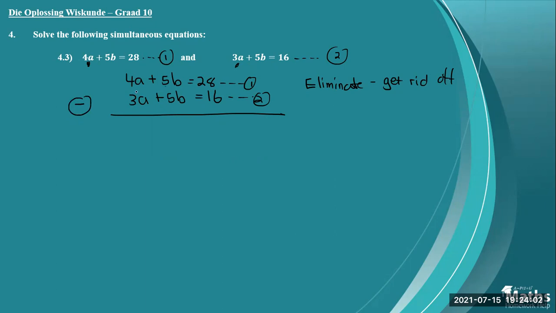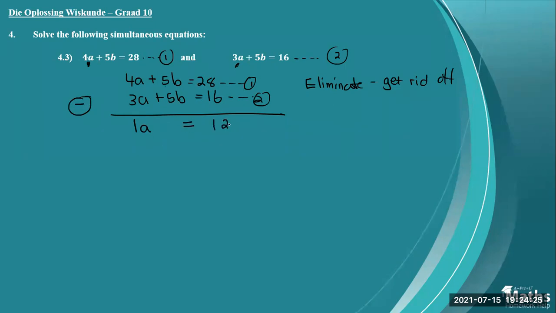I'll quickly show you another way of doing it, the way that the teachers normally teach. I like to just put a circle around what I'm going to do. 4 minus 3 is 1. 5b minus 5b is 0. And 28 minus 16 will be 12.